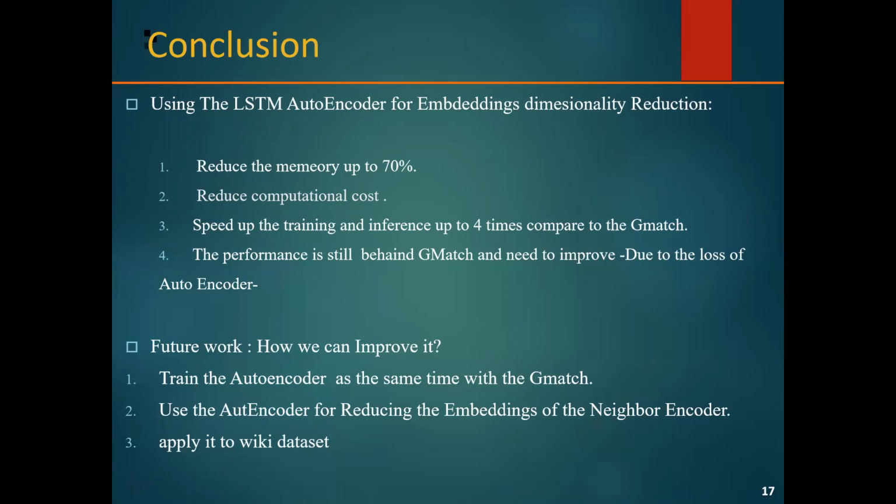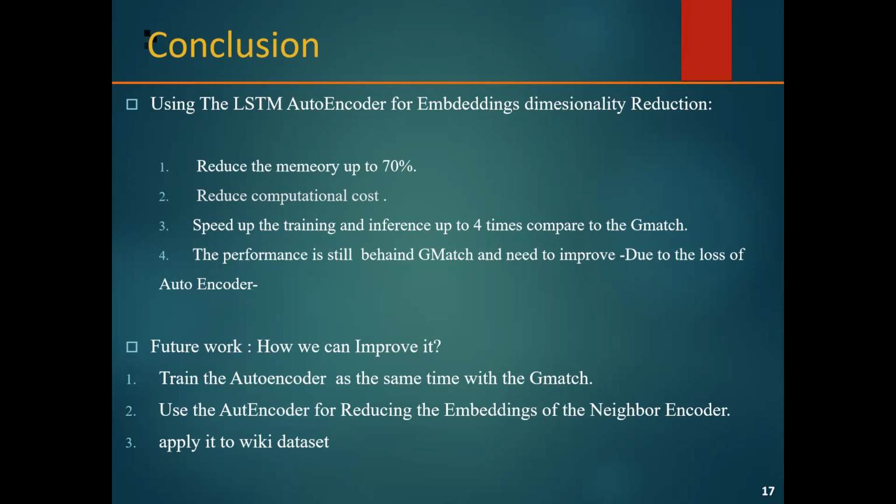But for the testing, the performance is still behind GMatching, except the hits at 10. So we need to improve it, I think, because the autoencoder still faces some sort of loss. Due to time, I couldn't optimize the autoencoder a lot.